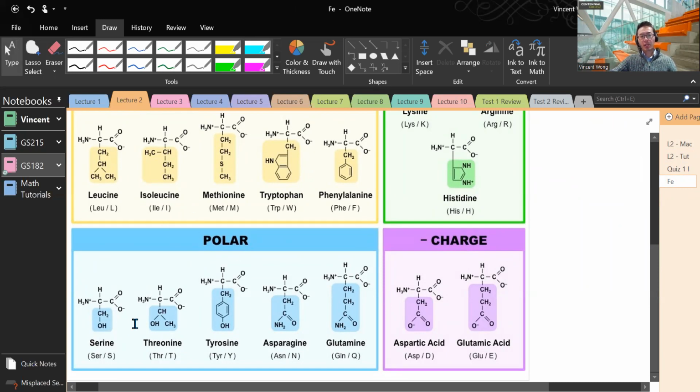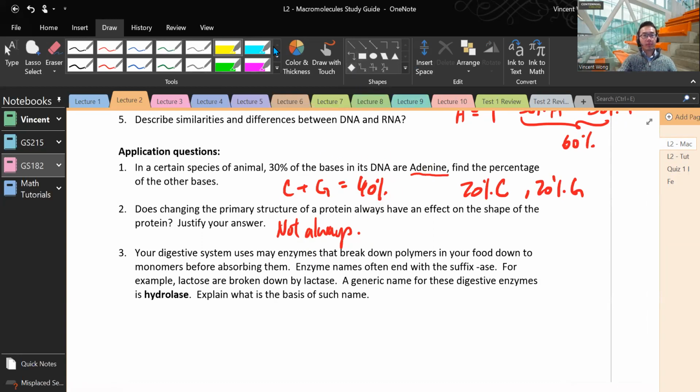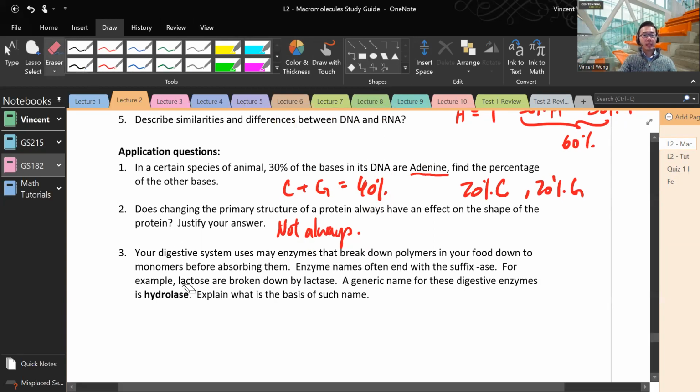But if you're just switching to something that looks very similar, like serine and threonine, which look pretty close together, maybe you're not going to have an effect. Secondly, it depends on where it happens. If it happens towards the end, maybe it's going to be okay. Does that make sense? All right, I hope it makes sense to the rest of you as well.